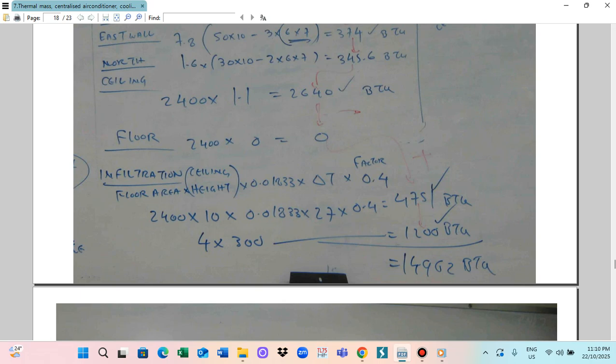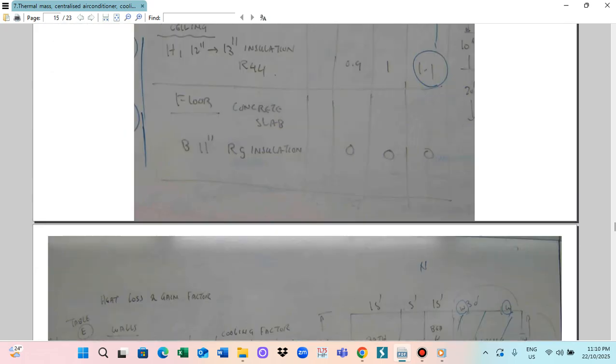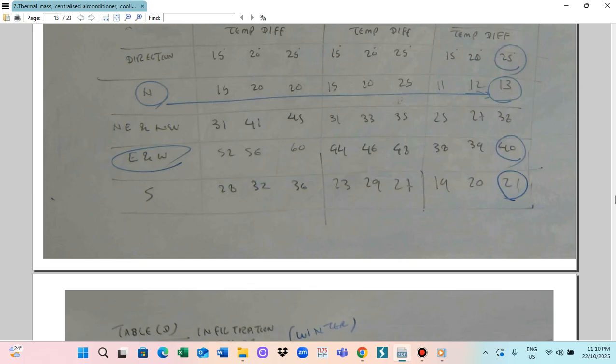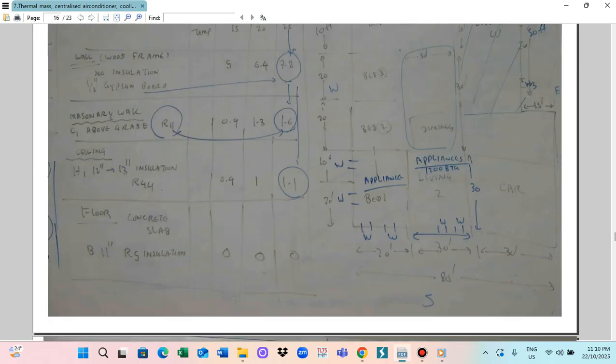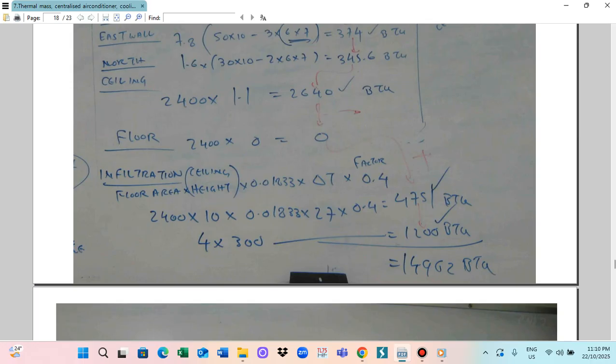And also we have to consider the people. People also emit heat. Normally for average heat, we use 300 BTU per person. Because we are now using the US standard, all the units are BTU.